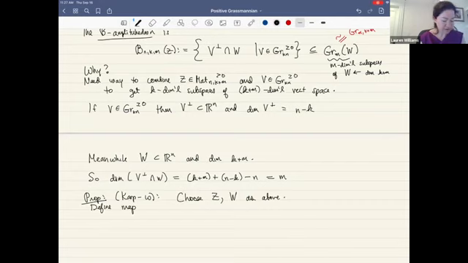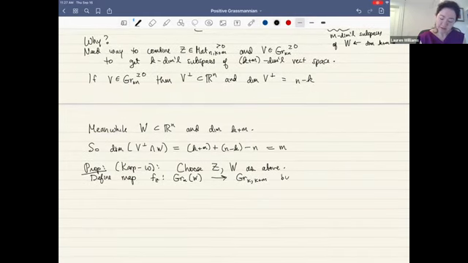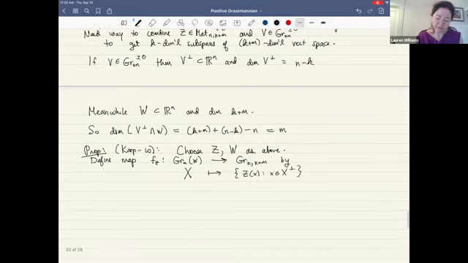And now we define a map from the Grassmannian of m planes in W to the Grassmannian of k planes in k plus m space, sending an m-dimensional subspace X to Z of X, where X is a vector in X perp.